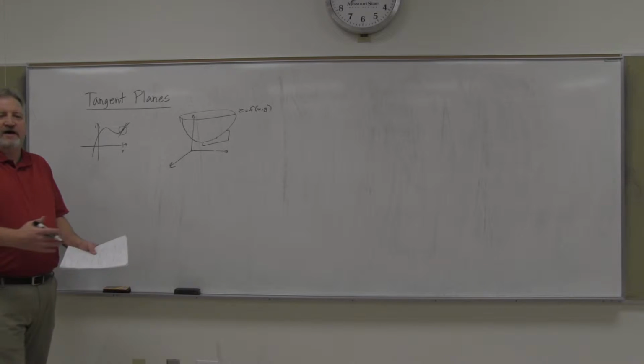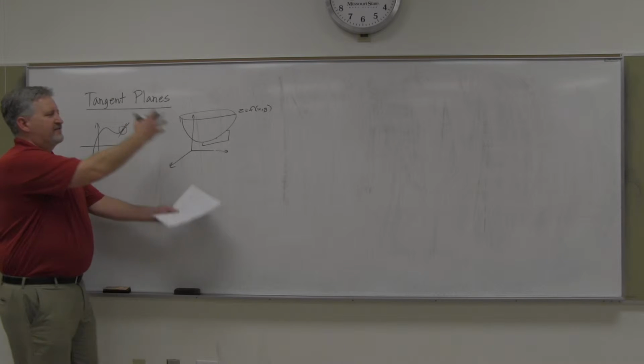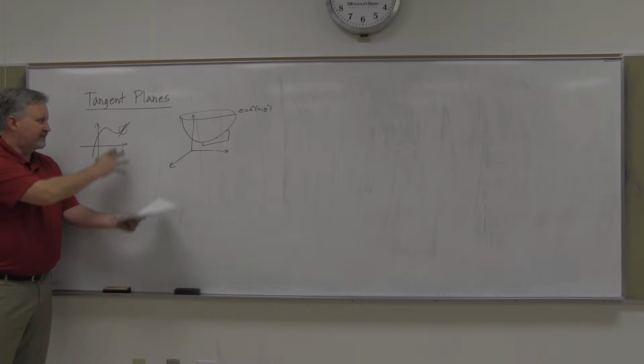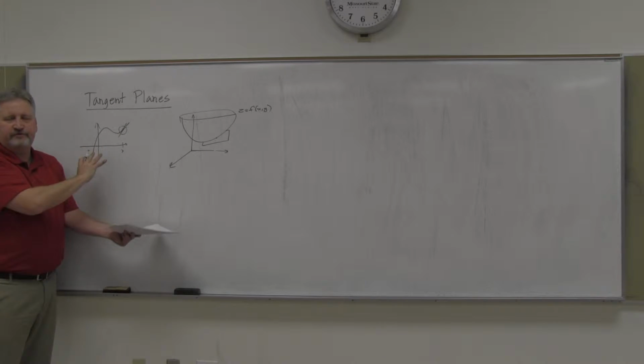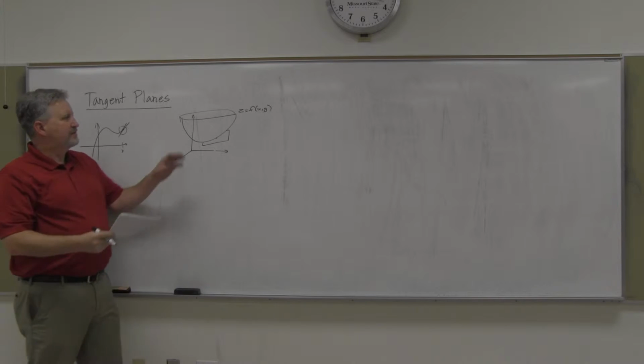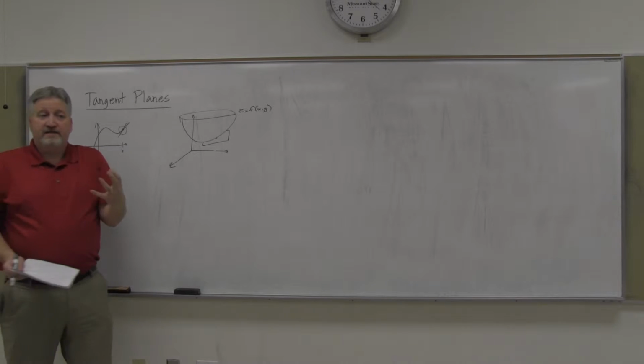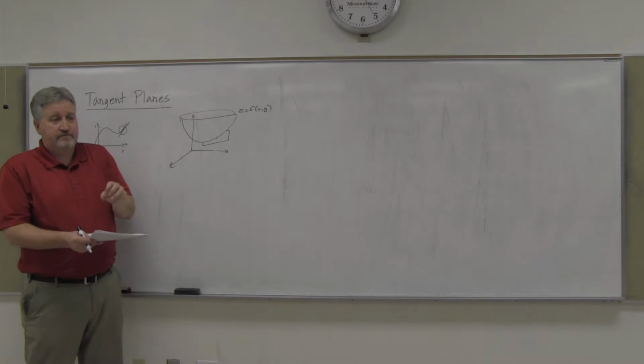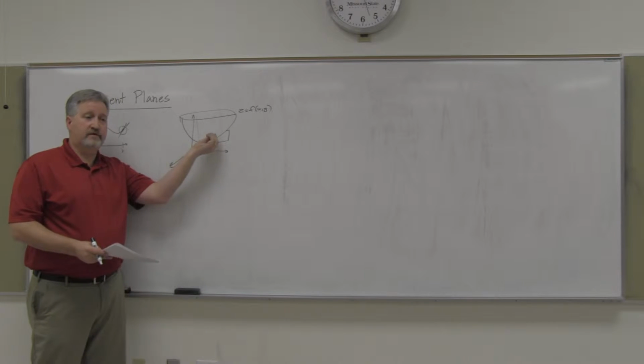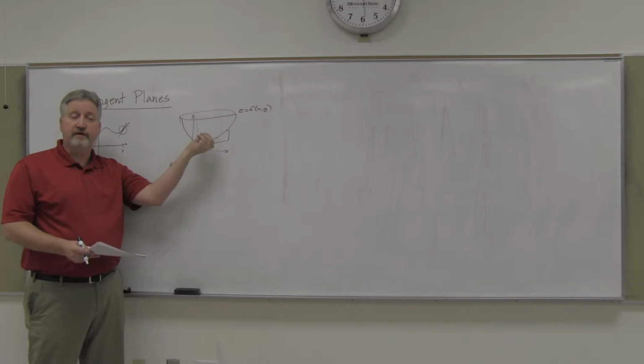And there are a lot of analogies to what we're talking about with the tangent line in 2 dimensions. Between the curve and the tangent plane, that tangent plane is indistinguishable around that point.